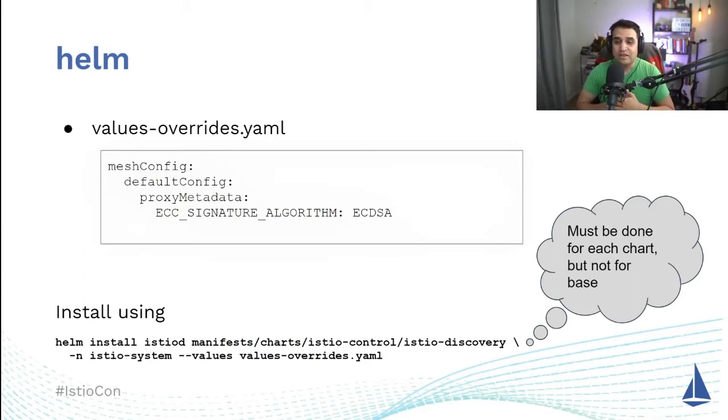And then when you install or upgrade, you will append the --values flag and pass in the values overrides file that is specified on the screen. Unlike istioctl, though, this has to be done for each chart. So istiod, istio ingress, istio egress, as well as istiod remote, if you use that. This does not need to be done for the base chart, however.